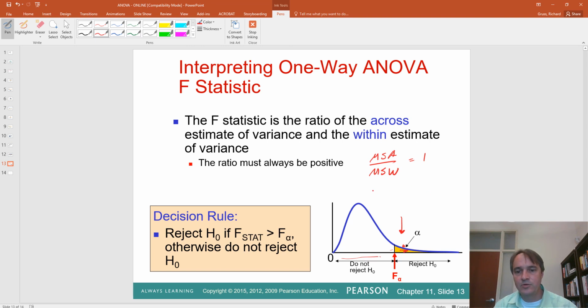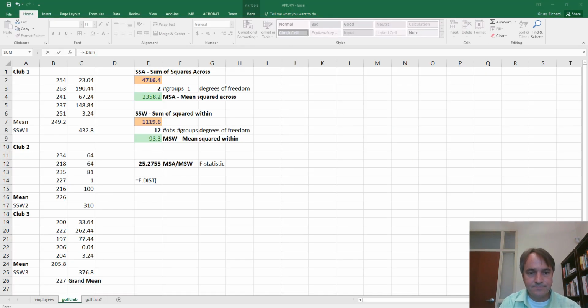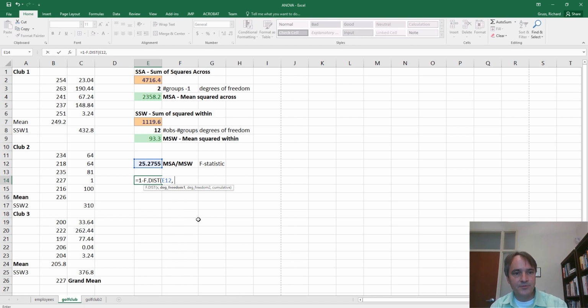So we're actually going to wind up doing 1 minus F-dist, and then we're going to put in our F-statistic. So I'm going to do 1 minus F-dist, and this was the value of my F-statistic. Now I need to put in my 2 degrees of freedom. Remember that degrees of freedom 1, or the numerator degrees of freedom, was the sum of squares across degrees of freedom, which was here.